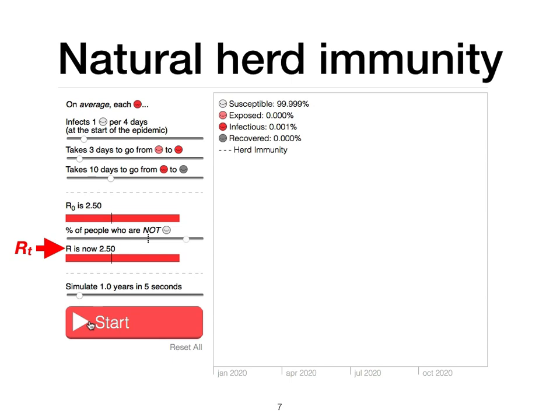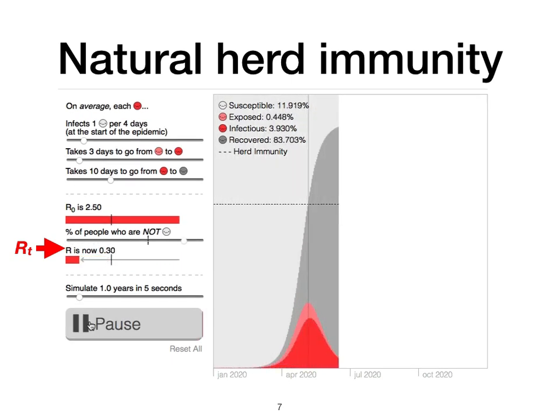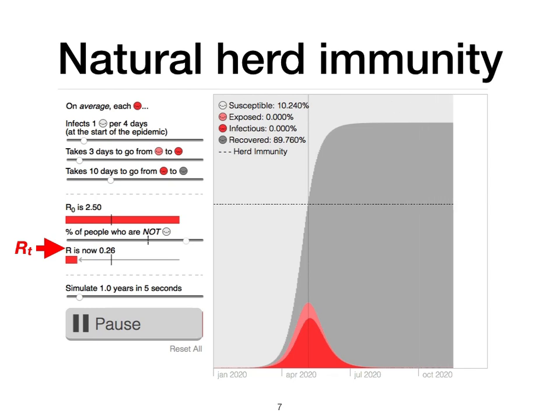So let's run the simulation. I'll let it run fairly quickly. And what you see is that the number infected and exposed increase fairly quickly up to a point where it starts to decline. That point is at the stage when the total number who are infected and have recovered has reached herd immunity, which is the horizontal dotted line at 60%.